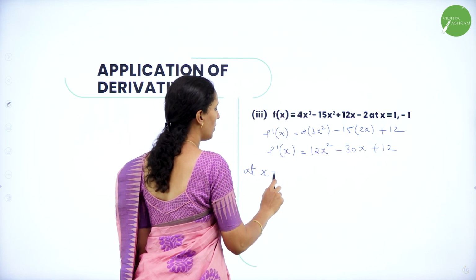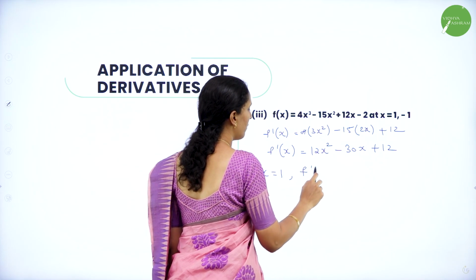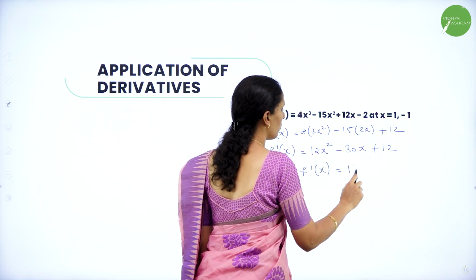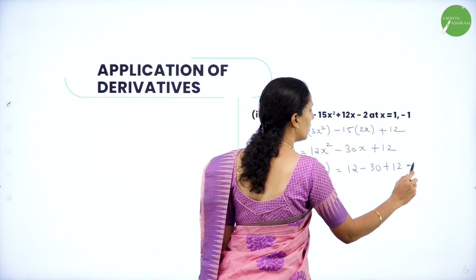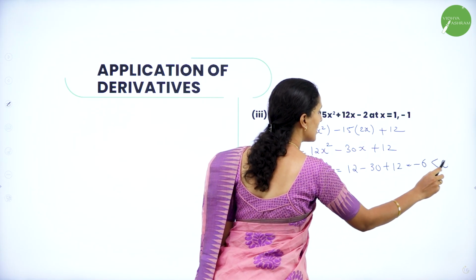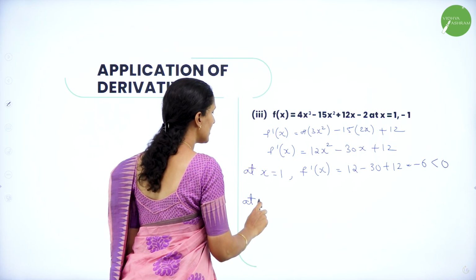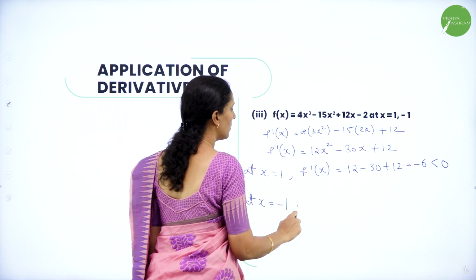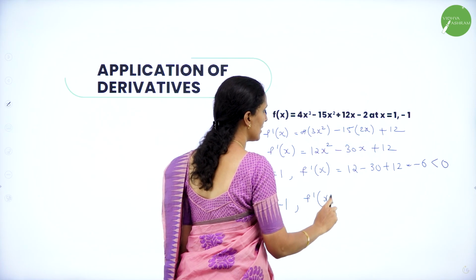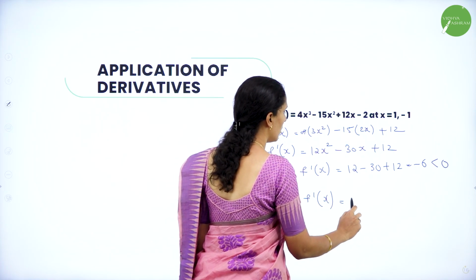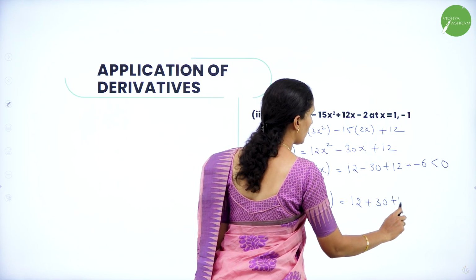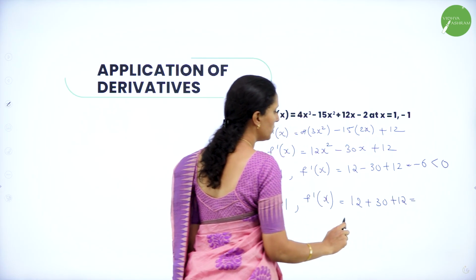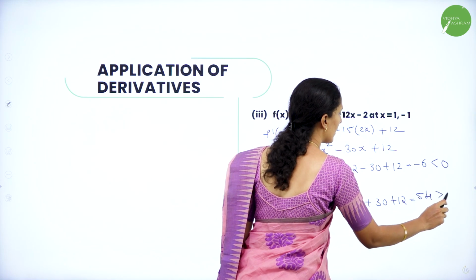At x is equal to 1, f dash of x is 12 minus 30 plus 12, which is equal to minus 6, less than 0. At x is equal to minus 1, f dash of x is 12 plus 30 plus 12, which is equal to 54, greater than 0.